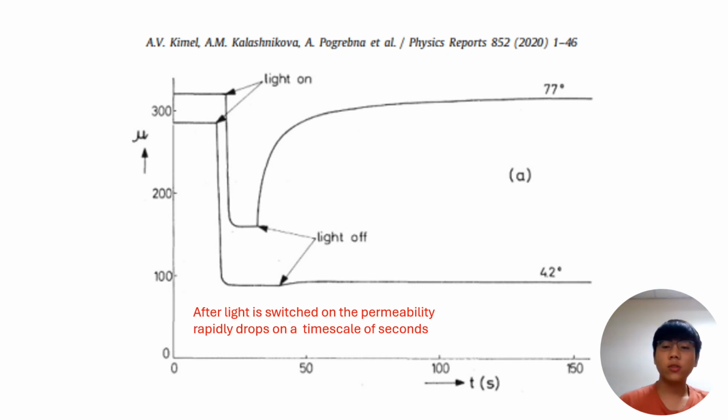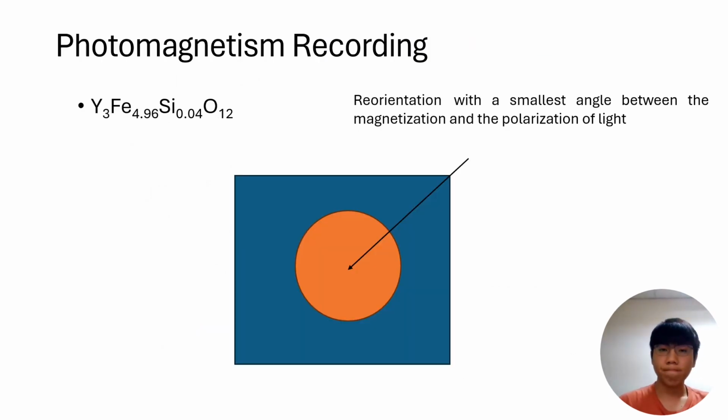So these are the two cases of early studies about the interaction between photons and the change of magnetic properties. And the last one to talk about is photomagnetic recording. They used yttrium iron garnet and doped it with silicon. What's special about it is that instead of using an unpolarized light, we use polarized light.